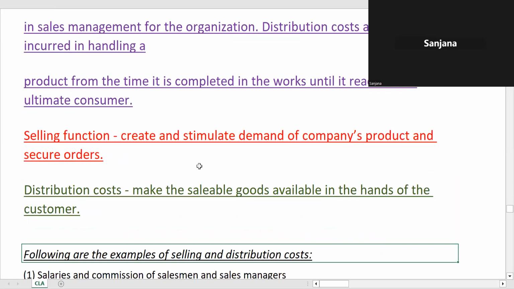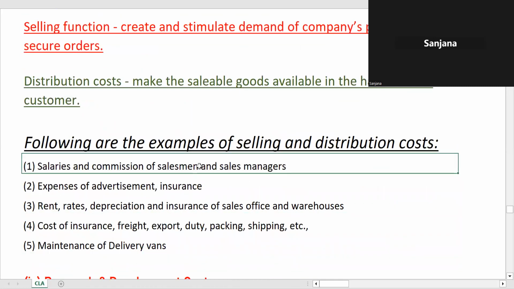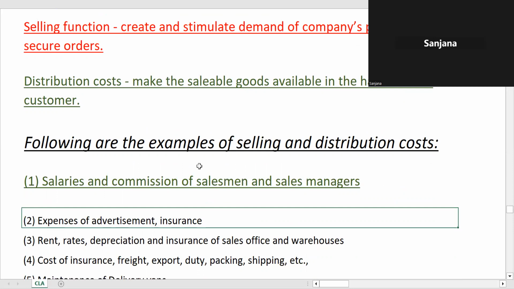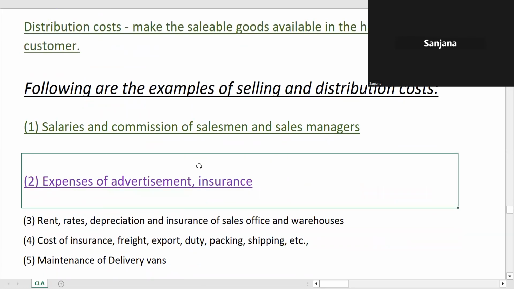Now let's see the examples of selling and distribution costs. Salaries and commission of salesmen and sales managers. Any doubt anywhere, just stop me. Expenses of advertisement, insurance. See, insurance, you can do for the office also, which will become office cost.